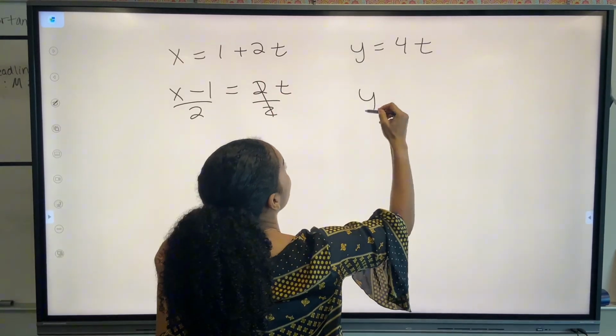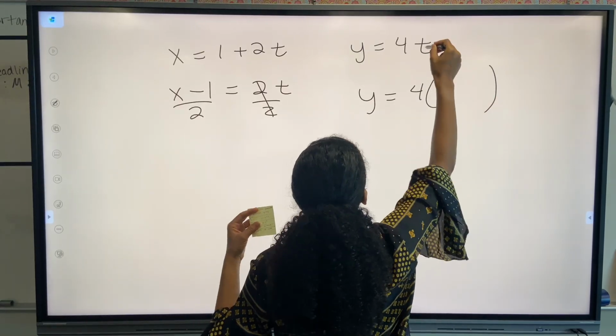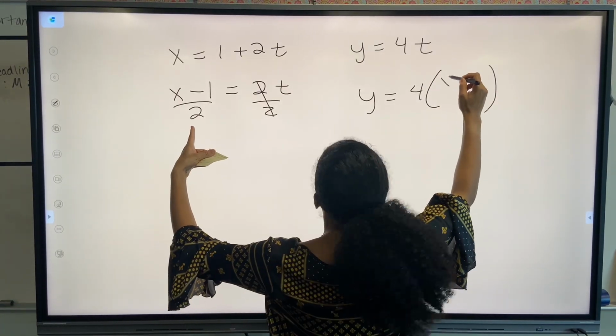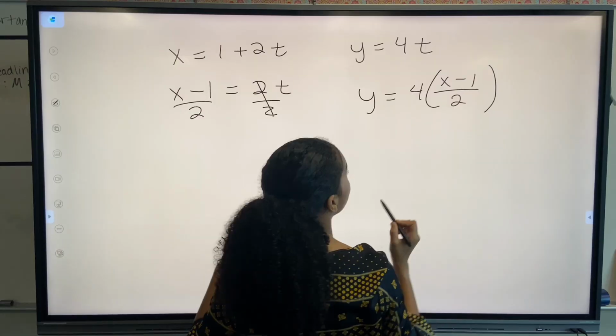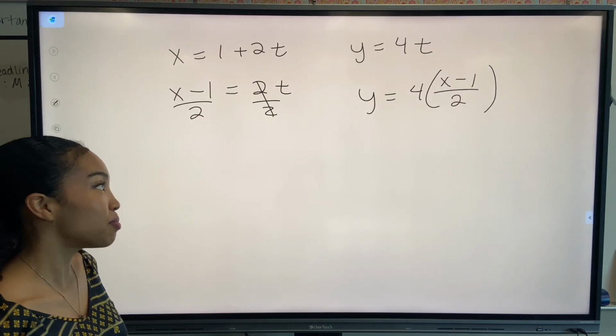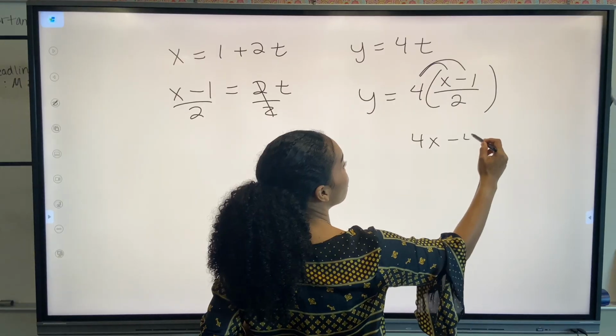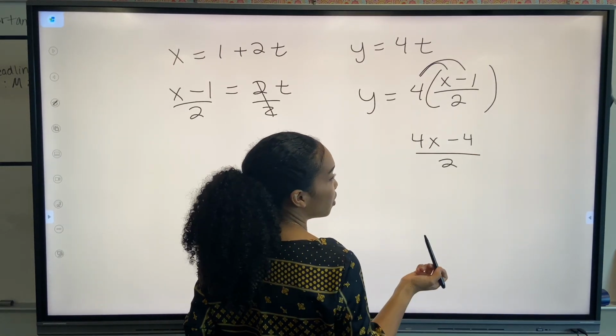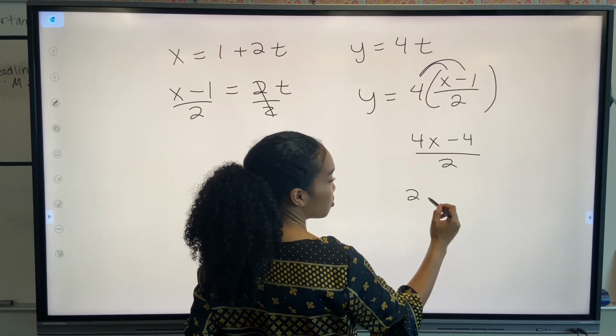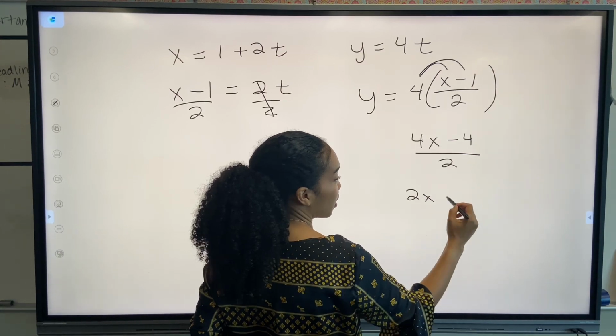So now you just plug it in here. Plug the t in, so you have (x minus 1) over 2. And you can simplify that. If you distribute this 4 in, you get (4x minus 4), all divided by 2. So 4x divided by 2 is 2x, and negative 4 divided by 2 is negative 2.